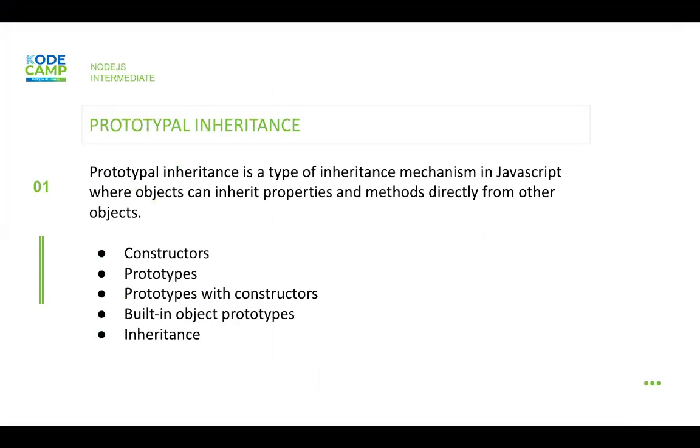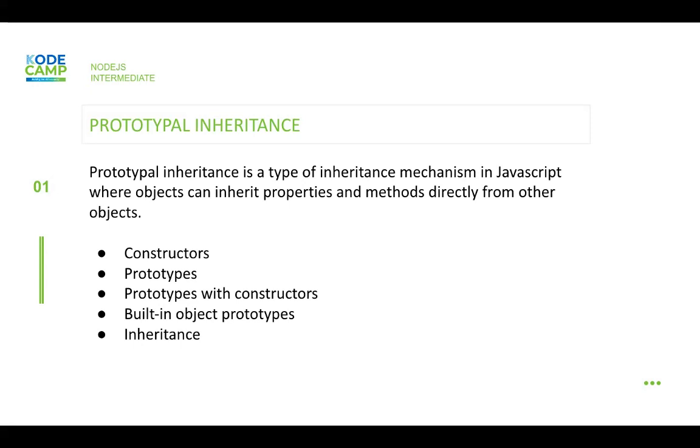Well, first of all, we explain what a prototype is. As you can see, it's a type of inheritance mechanism in JavaScript where objects can inherit properties and methods directly from other objects. And a constructor here is simply a function that is used with a new keyword to create an object.